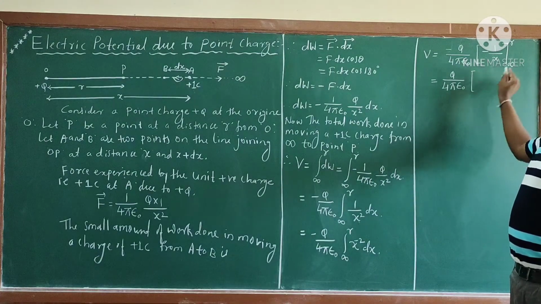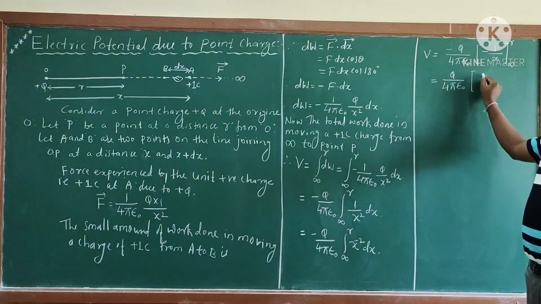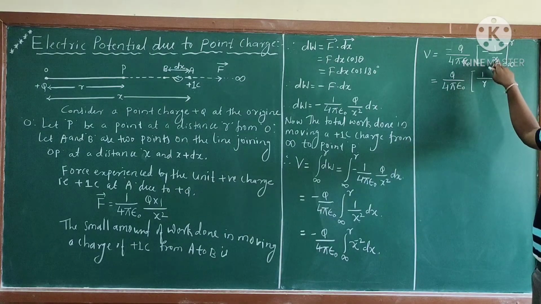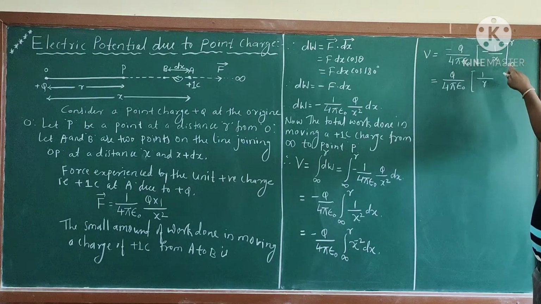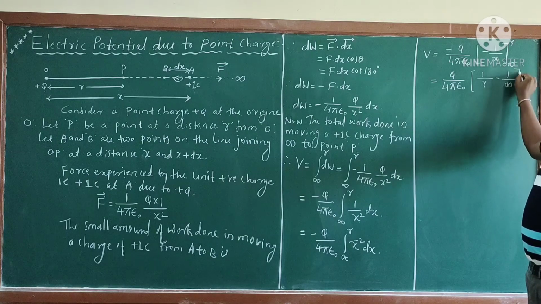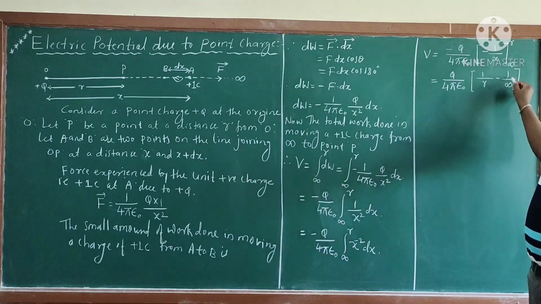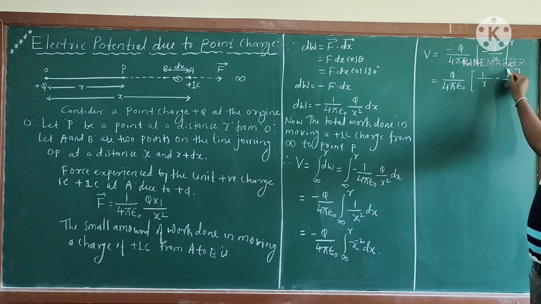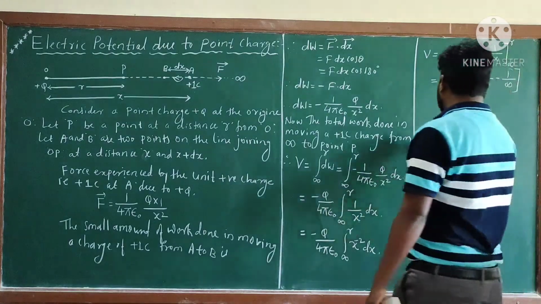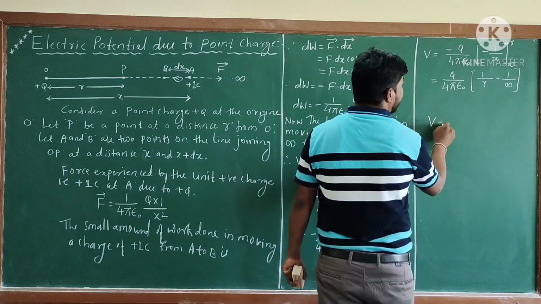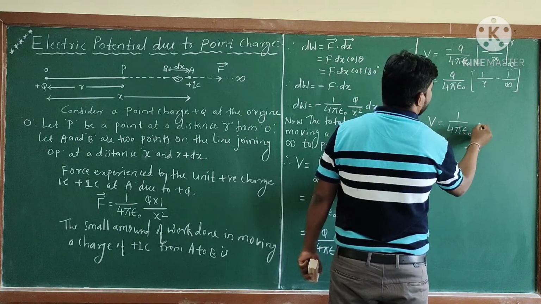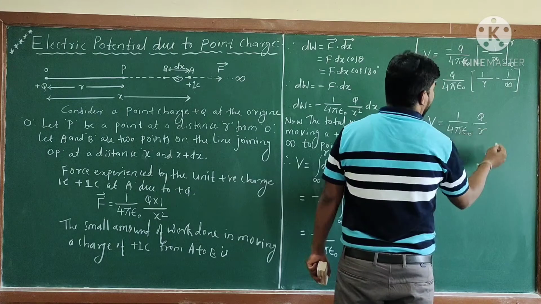Now substitute the values of upper and lower limits in x. First it is 1 by r, minus of 1 divided by infinity. Anything divided by infinity is 0. What remains here is 1 by r. Therefore electric potential V is equal to 1 divided by 4 pi epsilon naught q divided by r.